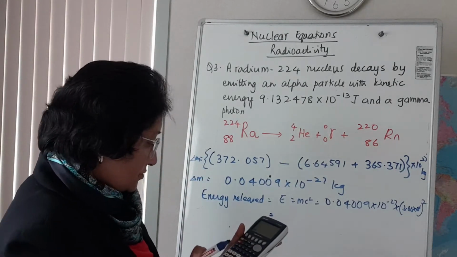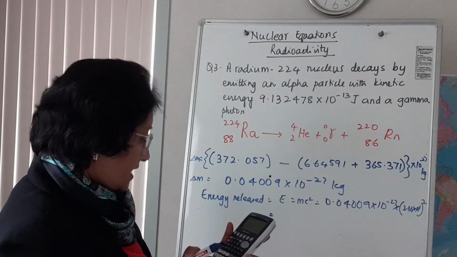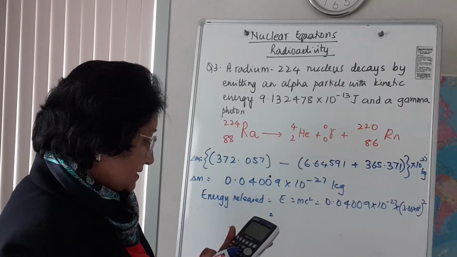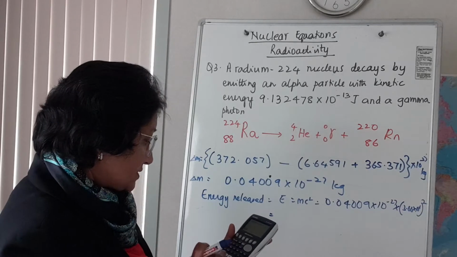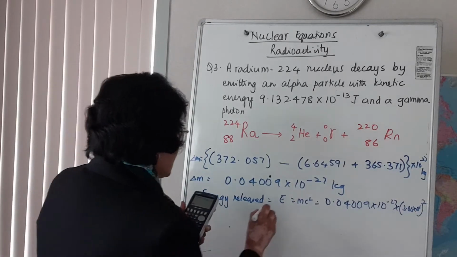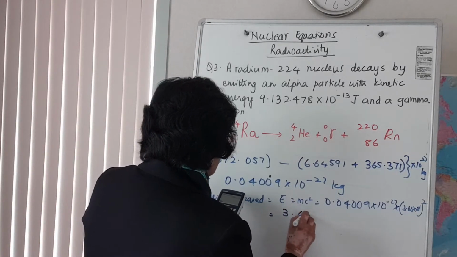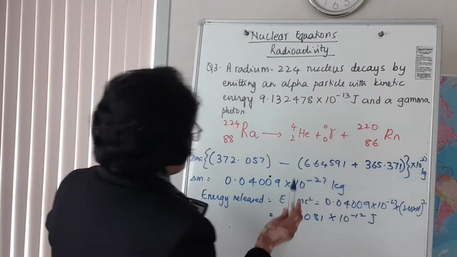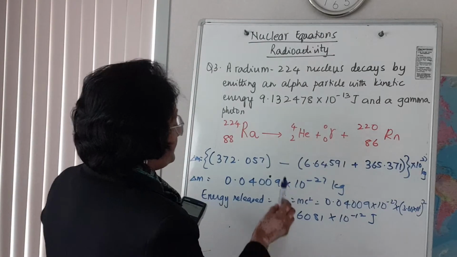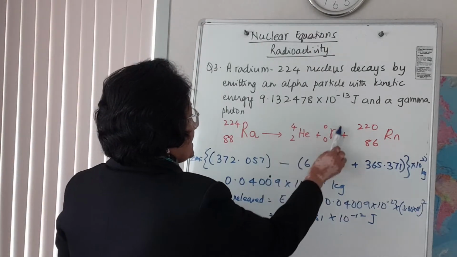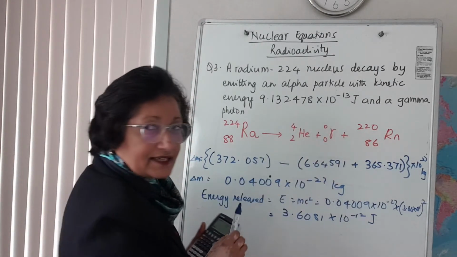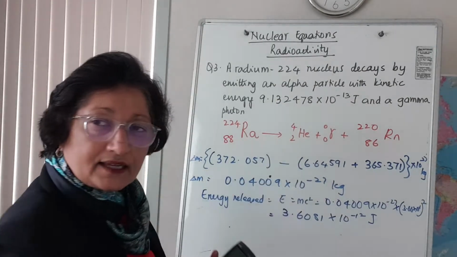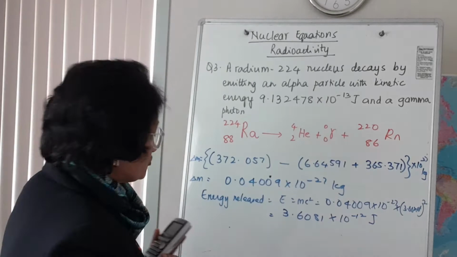So I go 0.04009 exponent negative 27 times 9 exponent 16, and I end up with 3.6081 times 10 to the power of negative 12 joules. Now this is the energy of the alpha particle and the gamma ray. These two have got kinetic energy. Now we know the energy of the alpha particle, so the remaining energy is the energy of the gamma photon.